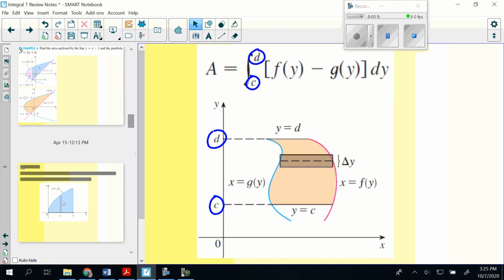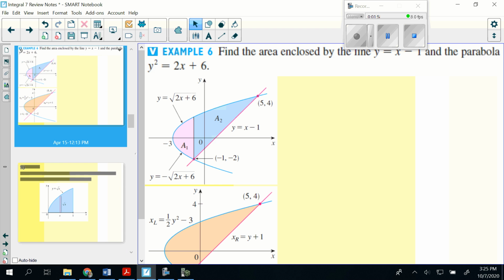Let's try an example. What is the area enclosed by the line y equals x minus 1 and the parabola y squared equals 2x plus 6? Notice for some of this we would be okay taking top minus bottom, but over here it's the same one.